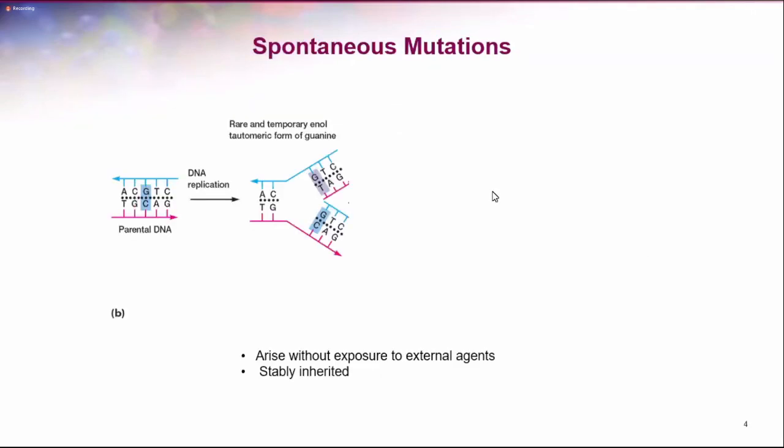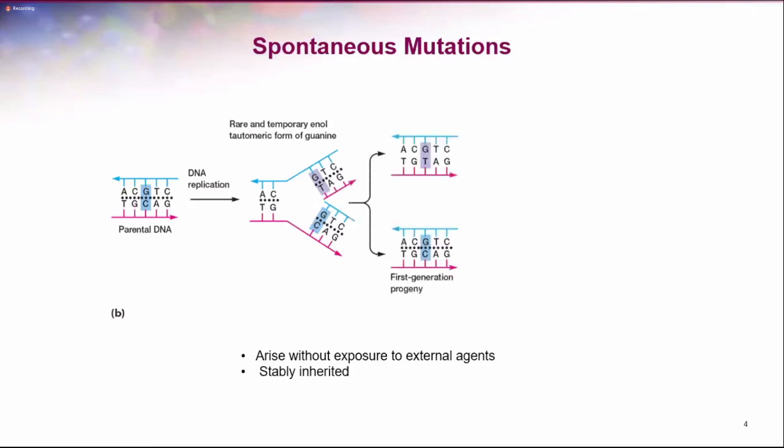But when time comes to copy that, maybe an error was made during replication and this erroneous DNA was passed on to the daughter cell, and now you have one strand where the sequence is essentially the same as the parental DNA, and whichever daughter cell inherits that is going to continue to be that original phenotype.